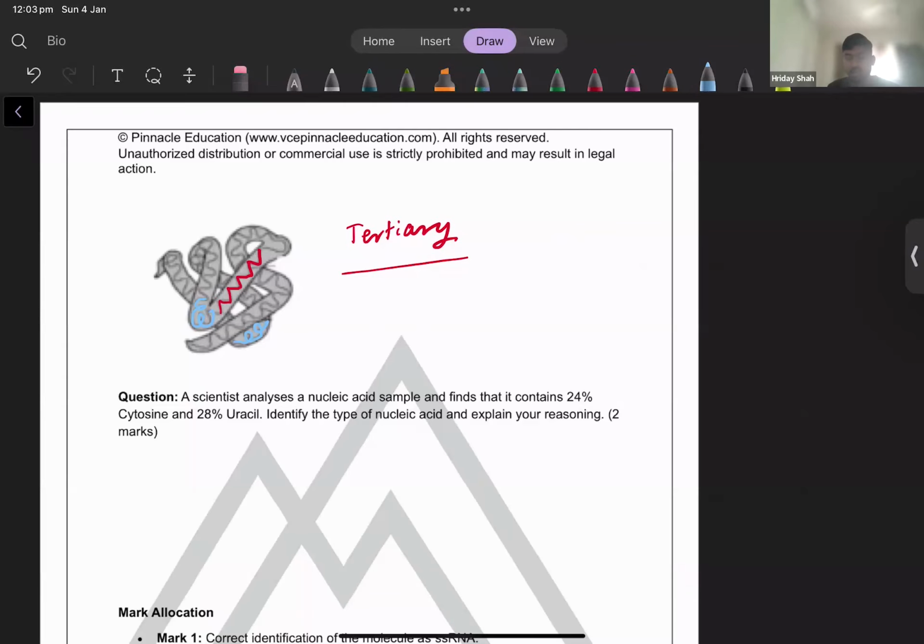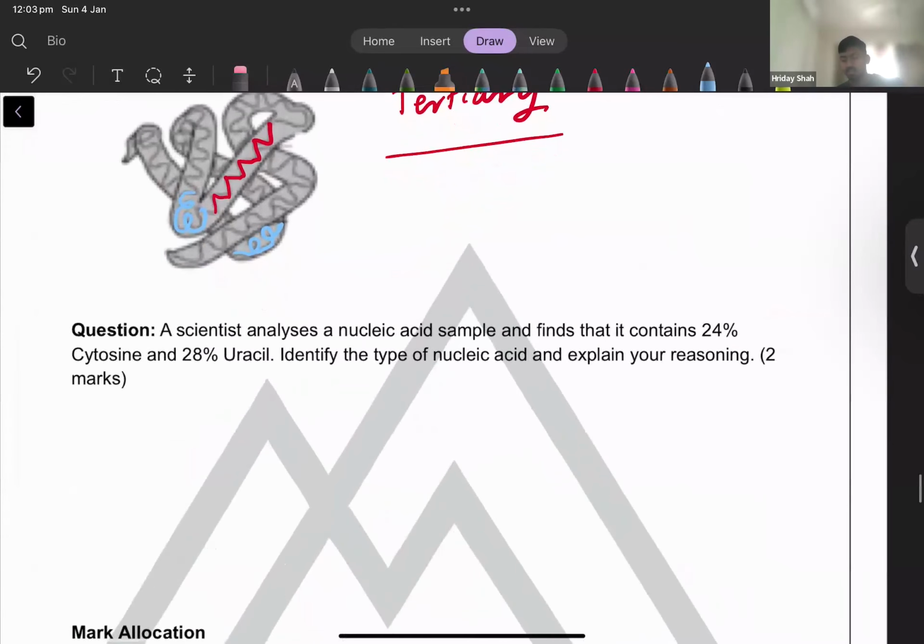Now, if we have a look at how they can test it in short answer. So here is your scenario. A scientist analyzes a nucleic acid sample and finds that it contains 24% cytosine and 28% uracil. Can you identify the type of nucleic acid? Is it DNA? Is it RNA? And is it going to be single-stranded or double-stranded?